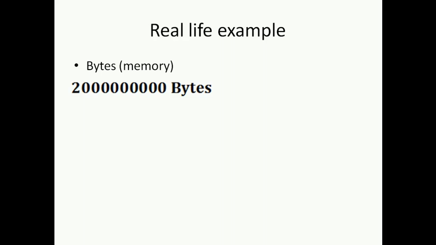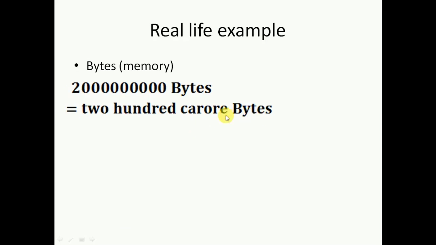Instead of this, I can say 200 crore bytes, but this is also making it complicated. So instead of doing this, I'll take the power of 10 now. I'll count the zeros, 1 2 3 4 5 6 7 8 9. So I can say, give me 2 into 10 to the power 9 bytes.